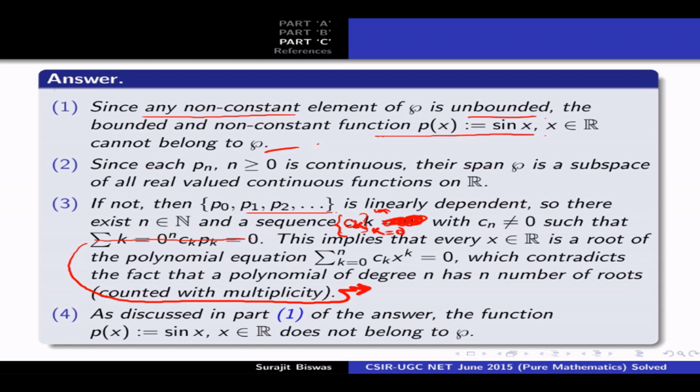The condition would be the sum from k equal to 0 to n of Ck times Pk equal to 0.